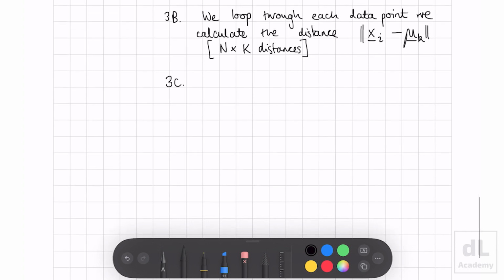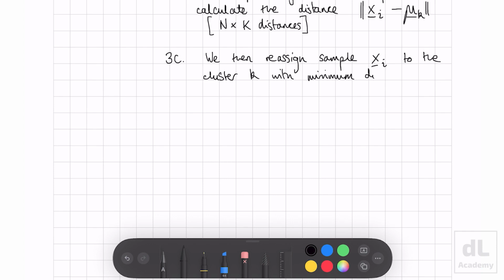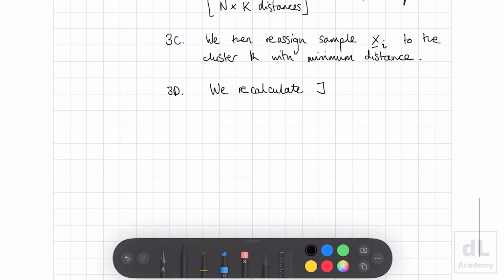We then assign, or reassign, sample x_i to the cluster k with minimum distance. And then the final step is we recalculate the J, right?